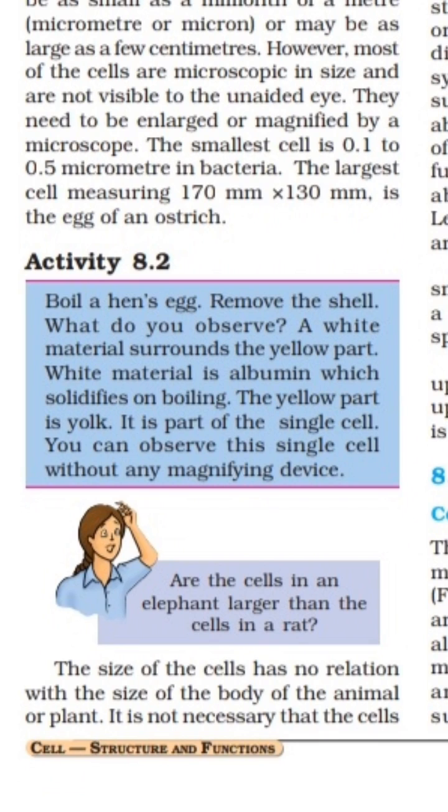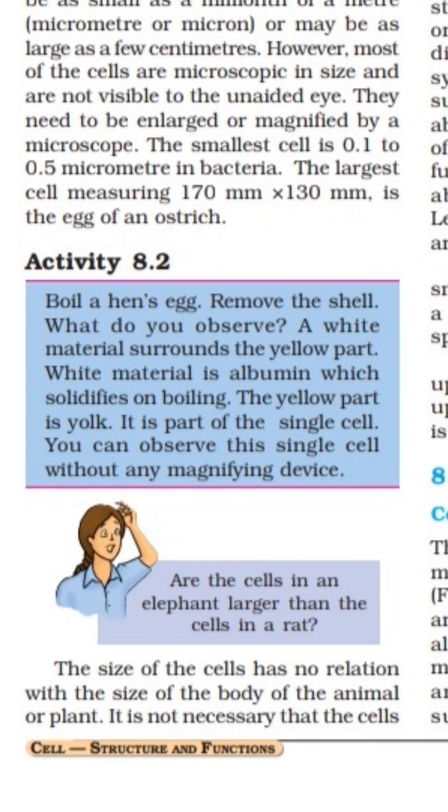If you are non-vegetarian, you have already seen that a white material surrounds the yellow part. That white material is the albumin, which is in liquid form and solidifies on boiling.